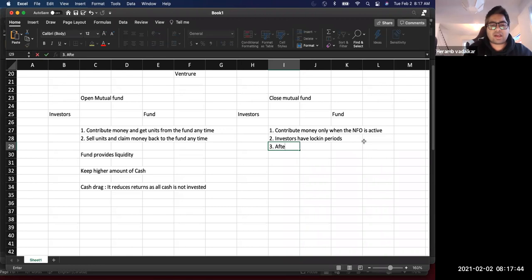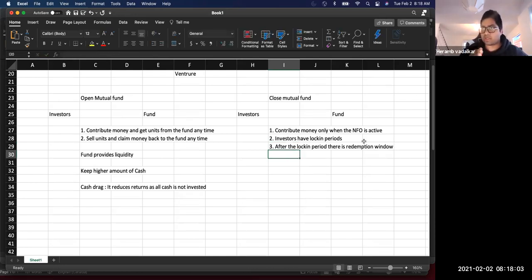Third, after the lock-in period gets over, there is a redemption window when you can withdraw your money.